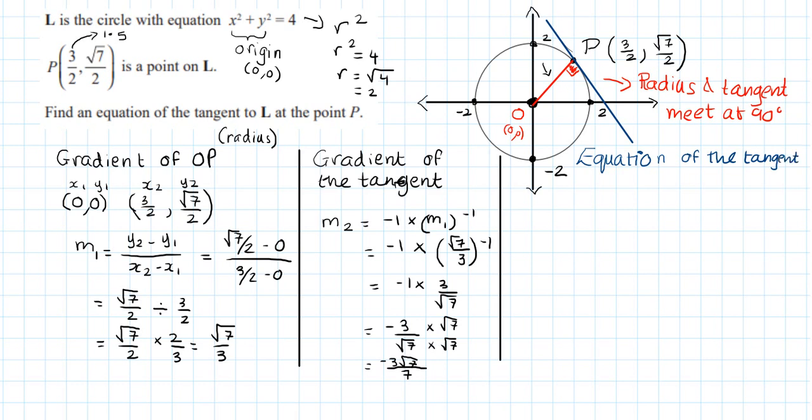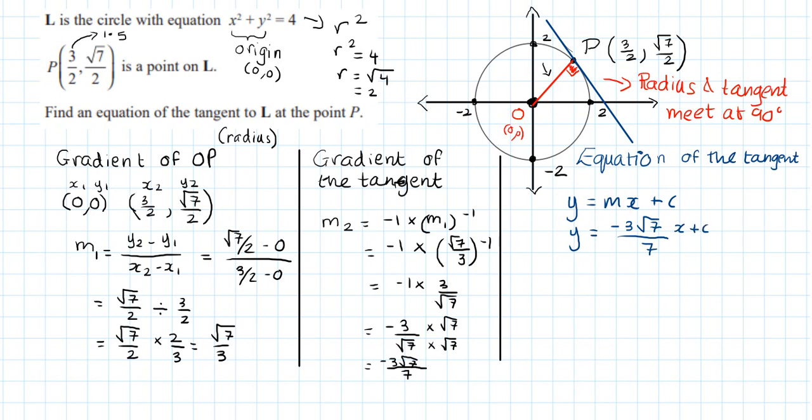The equation of this tangent is in the form y equals mx plus c, where m is the gradient. We've just found the gradient, so y is equal to -3 root 7 over 7 x plus c.